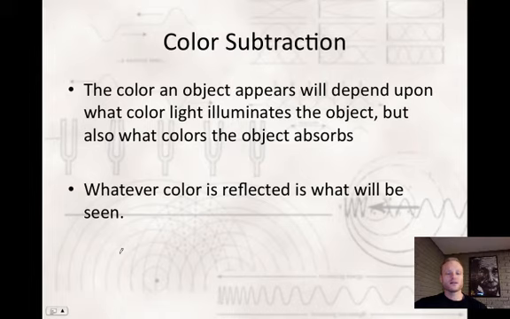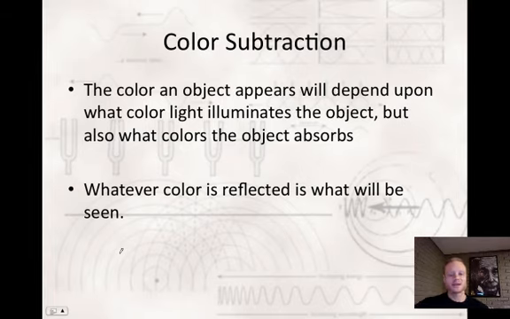There's something called color subtraction, which is when you illuminate an object with a certain color of light. It's not always going to be white light. Sometimes, for a Halloween party, I'll change the bulbs in my lamps to orange or something scary. That would be a different color light illuminating all the objects in the room.